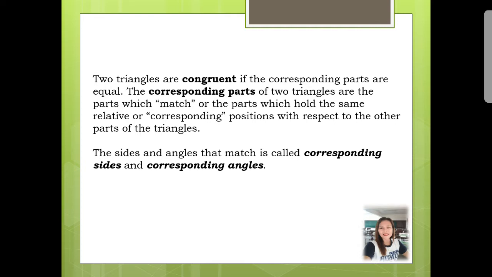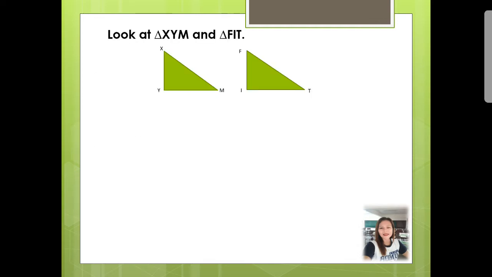The corresponding parts of two triangles are the parts which match, or the parts which hold the same relative or corresponding positions with respect to the other parts of the triangles. The sides and angles that match are called corresponding sides and corresponding angles.